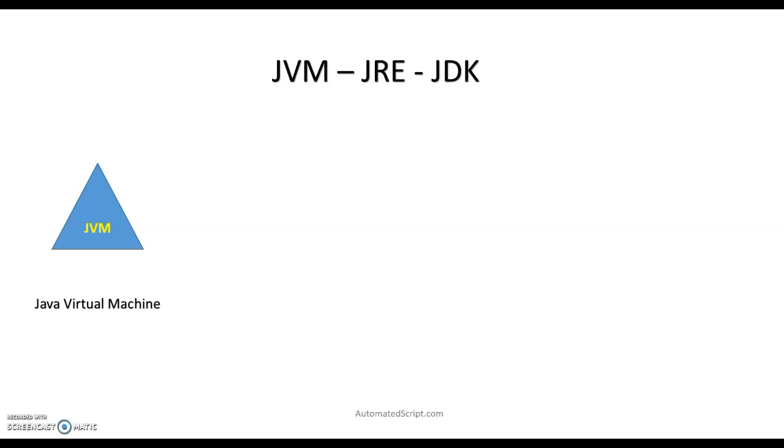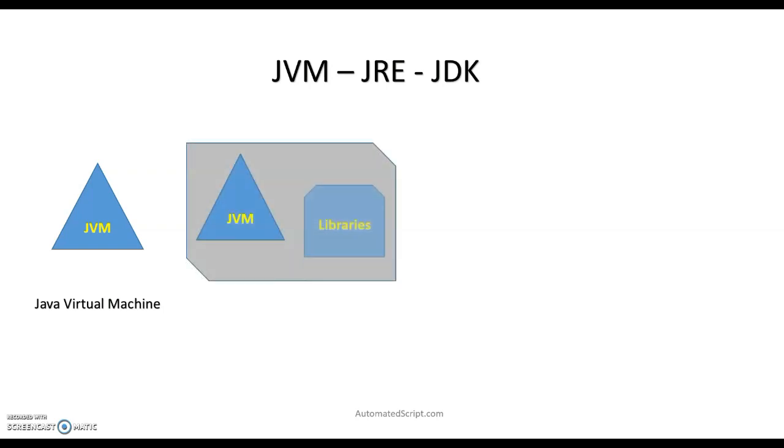That means whenever you run a Java class on the command prompt, an instance of JVM is created. Then we have the JRE, that is Java Runtime Environment. The Java Runtime Environment provides the minimum requirements for executing a Java application.